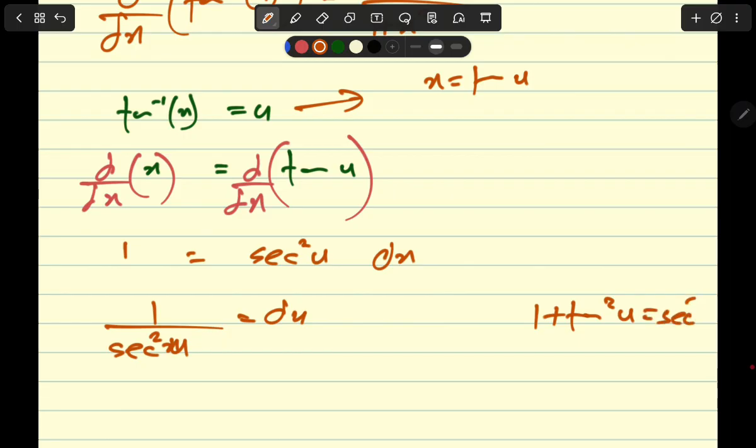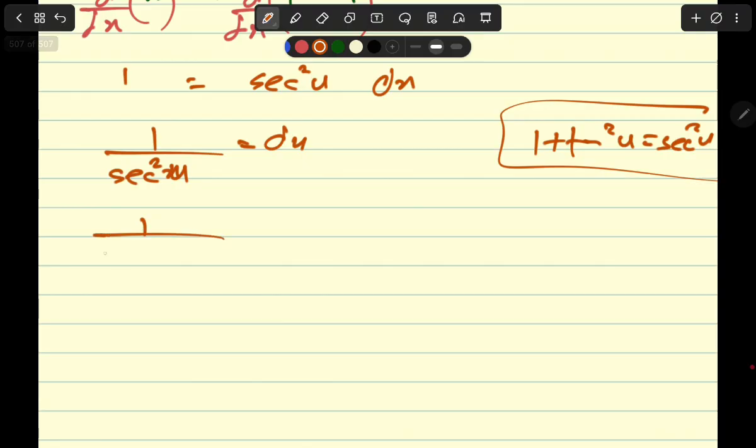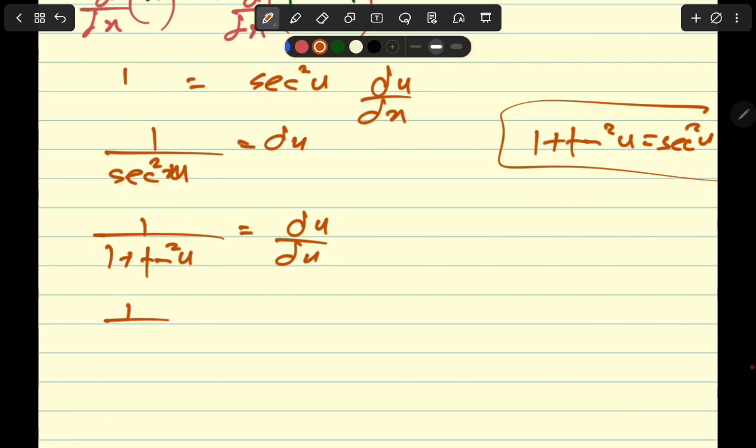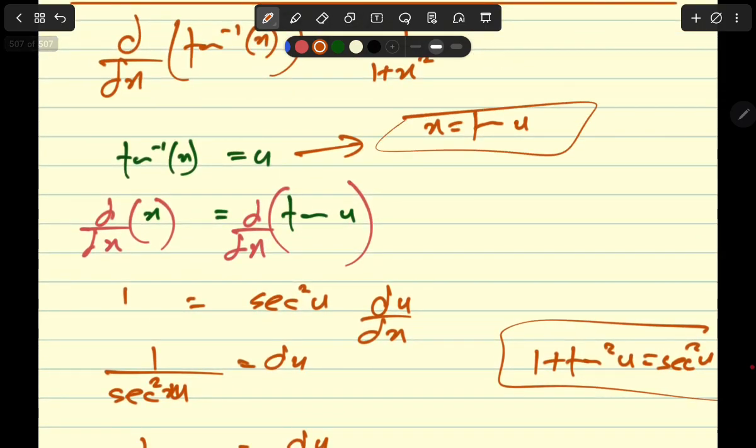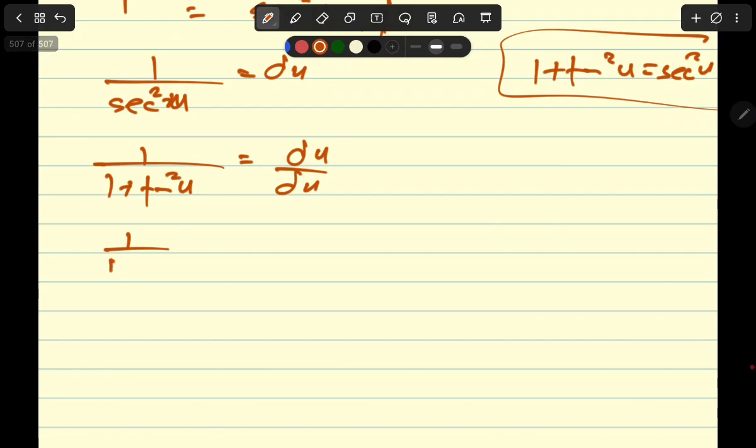We have done this identity in trigonometry. So I can rewrite 1 + tan² u as du/dx. So this is du by dx. Now tan u was x, so tan² u is x², and 1 + x² is nothing but du by dx.